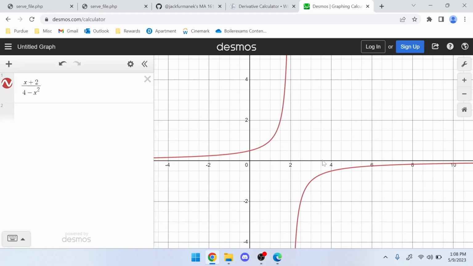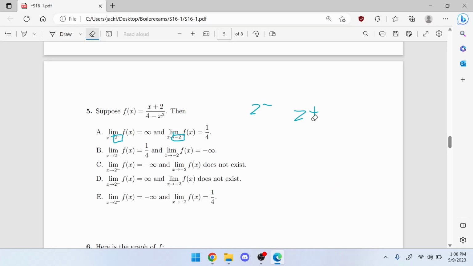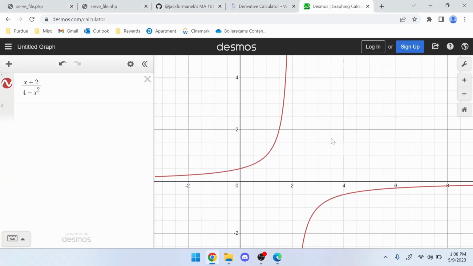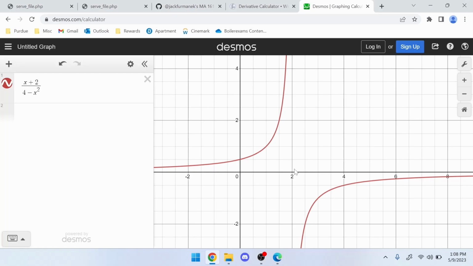So this is what this function looks like. And let's interpret what each of these are saying. So the limit as x approaches 2 from the left side. Let's look back at what our function looks like. As x approaches 2 right here from the left side, as x keeps moving in this direction towards 2, where does it approach?